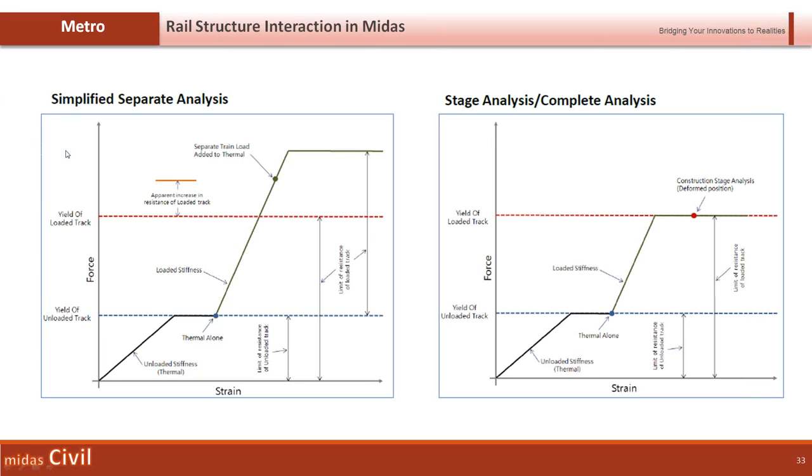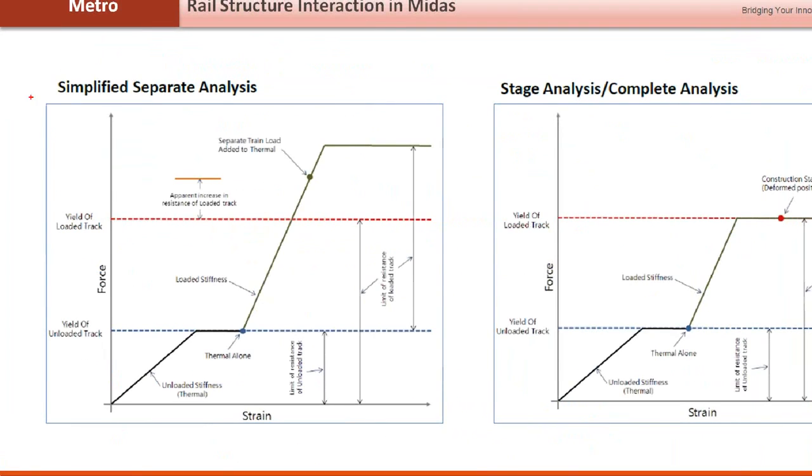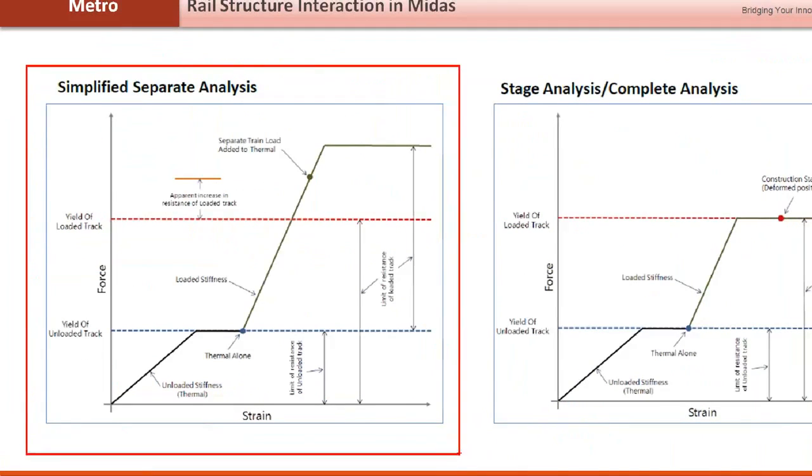Now if we consider the simplified separate analysis method, there are two types of stiffnesses: one is the unloaded stiffness, and one is the loaded stiffness. So what do we mean by unloaded and loaded stiffness?